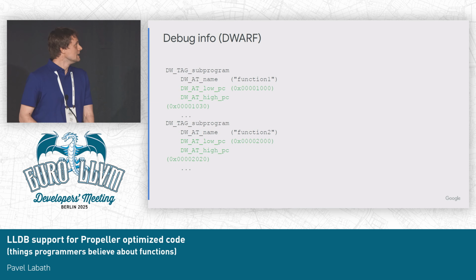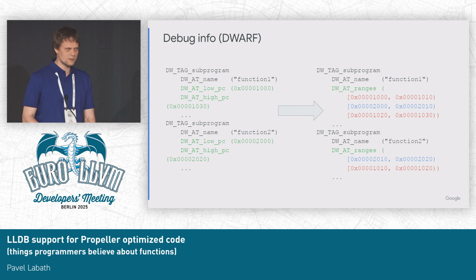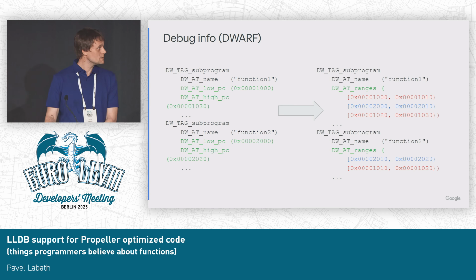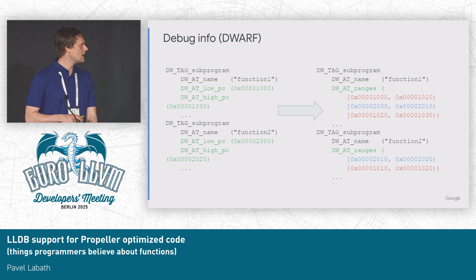So let's look at how this looks in the debug info. In the first case, the representation is really simple. It just says function starts here, ends there, and the same for other ones. If we enable Propeller, the representation gets a bit more complicated because you have multiple ranges, so function 1 may go from here to here, from there to there, and so on.